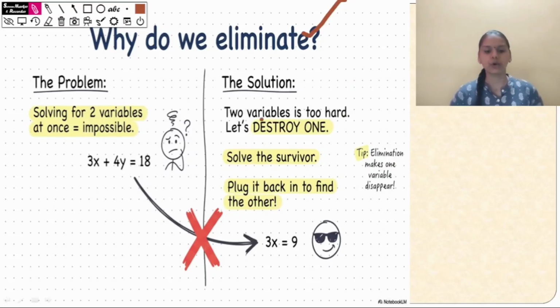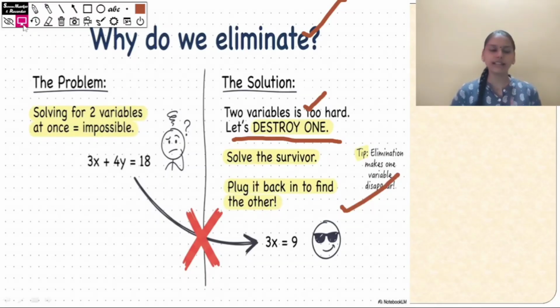You'll have two variables and you need two equations. But having two variables is too hard, correct? So let's destroy one. We are going to delete, or eliminate, one of the variables. Understanding?